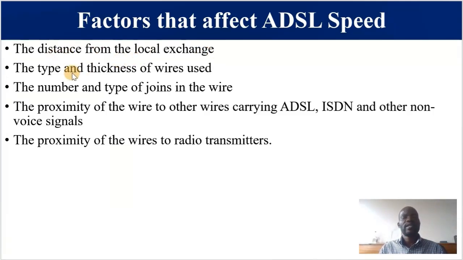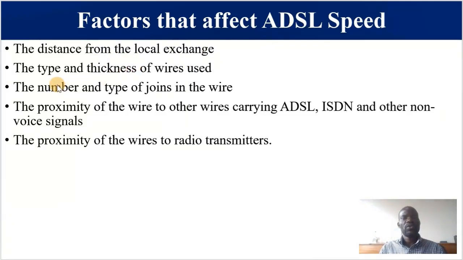And also the type and thickness of the UTP line, because we know that resistance R equals rho L over A, meaning that resistance increases as the cross-sectional area of the UTP decreases. So we are saying the thinner the wire, the less the speed of ADSL.